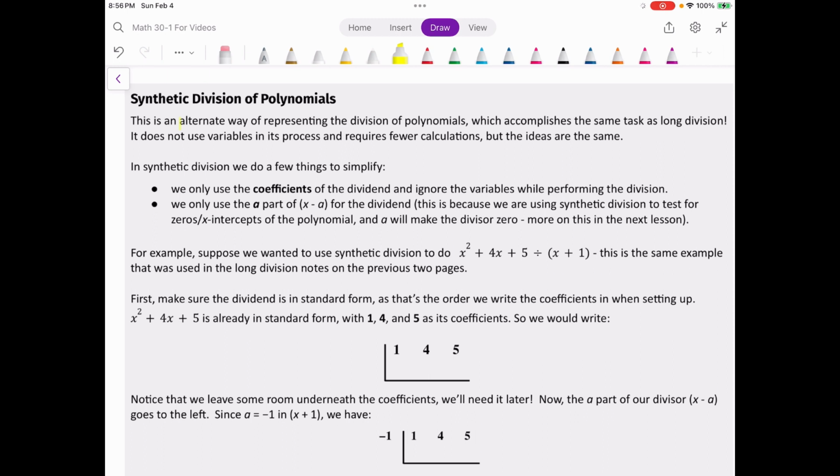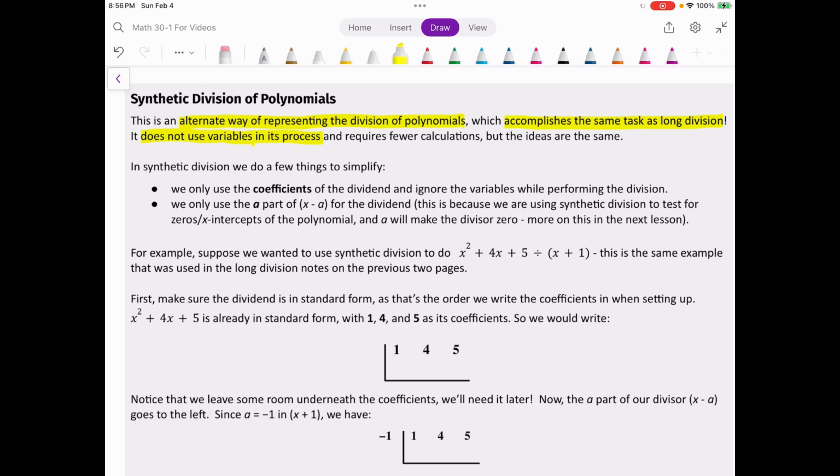All it really is, is an alternate way of representing the division of polynomials, and it actually accomplishes the exact same task as long division, okay? It just takes things and simplifies them a little bit to kind of optimize the process. So we actually don't even write in the variables because ultimately what ends up mattering is what we're dividing in terms of the coefficients, the numbers we get out, okay?